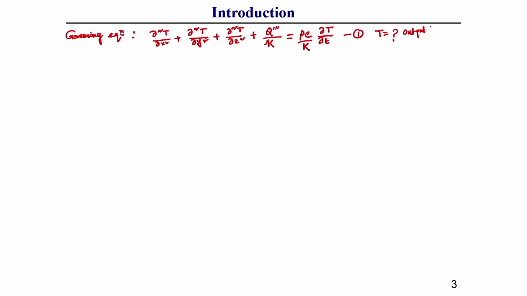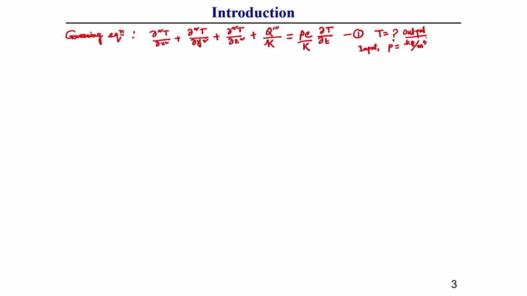So this is your output, and here the inputs. To get this output, what are the inputs required for this heat conduction equation? First is rho, density. In SI units, its unit is kg per meter cube.